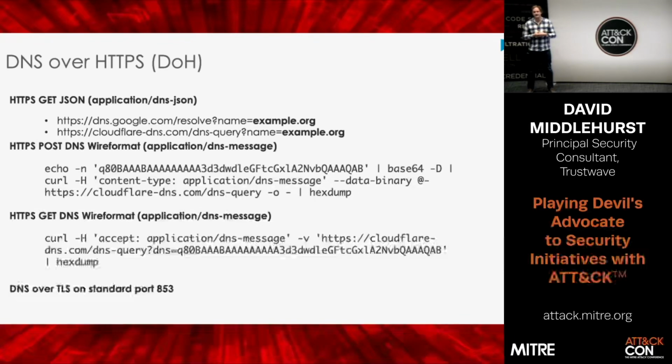You can also specify the type of record you want. Also Cloudflare, but not Google for some reason, I believe, offers the DNS wireformat. That's where you can post a more familiar structure to your DNS request to their endpoint, and then it will resolve it and give you some binary data back.